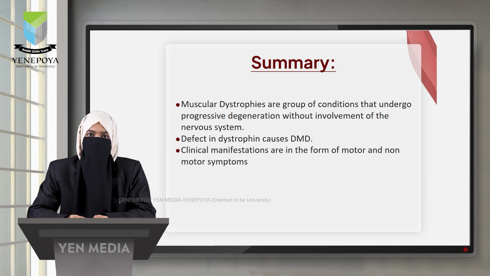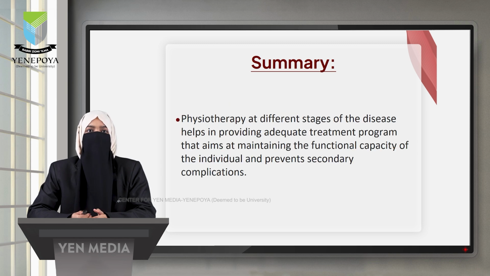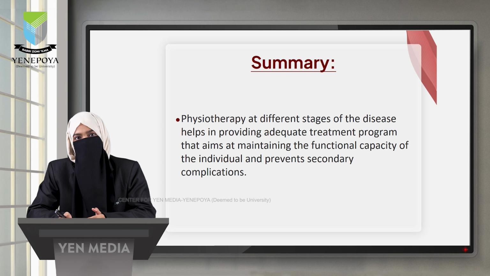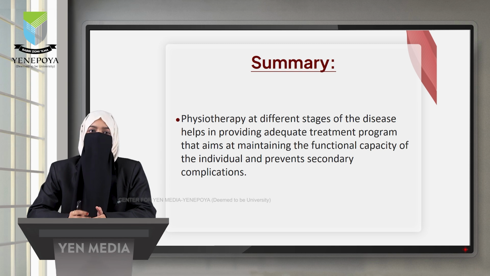Clinical manifestations are in the form of motor and non-motor symptoms. Motor symptoms are related to muscle weakness, and non-motor symptoms to behavioral issues, cardiomyopathy, and learning disorders. Physiotherapy at different stages of this disease helps in providing a proper treatment program that aims at maintaining the functional capacity of the individual and preventing any kind of secondary complications such as contracture.